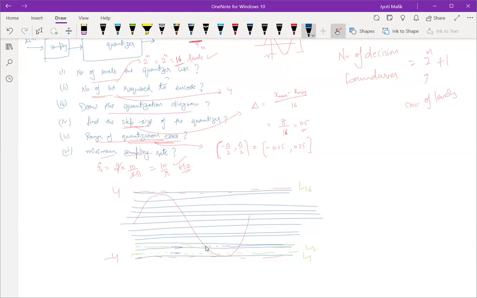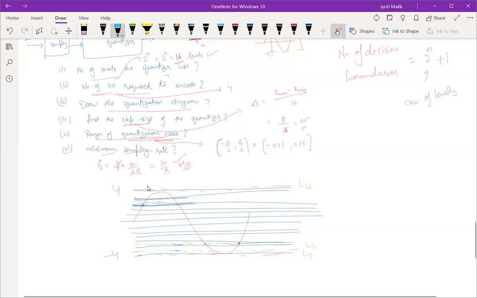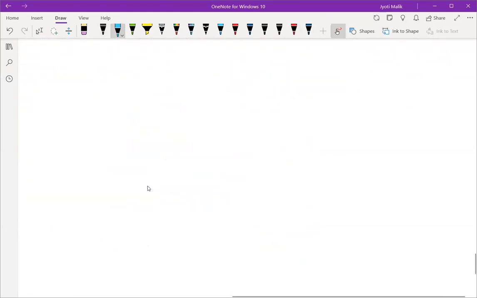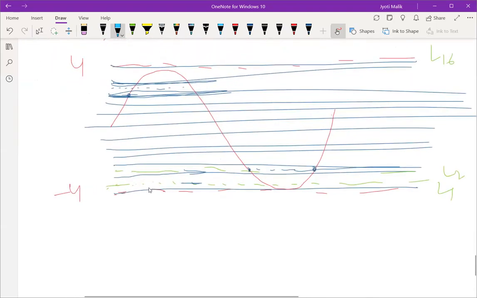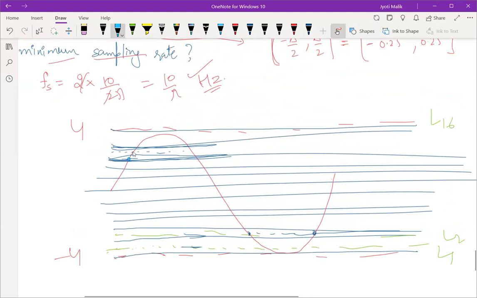The signal which lies between these two boundaries will be mapped to the level in between. So here to here will be mapped to this level.